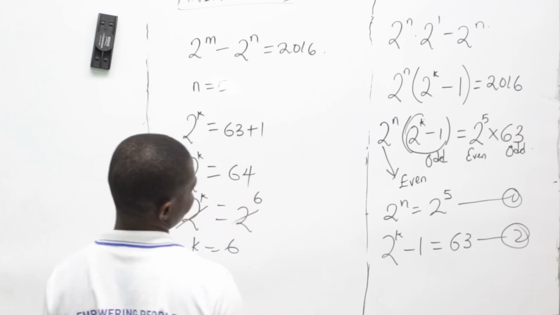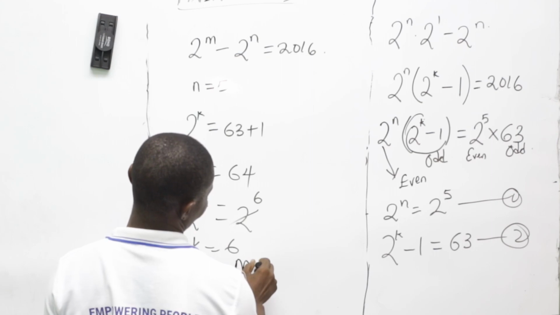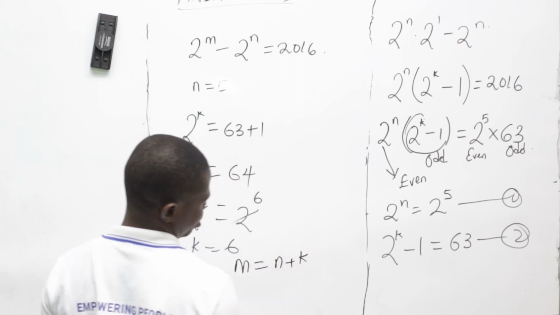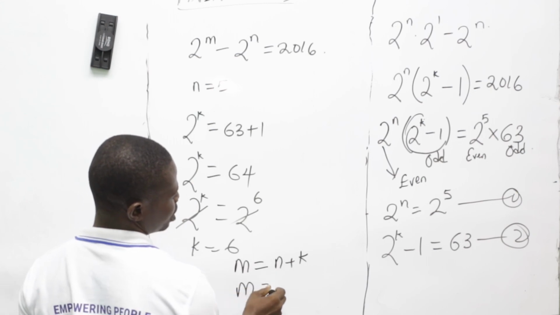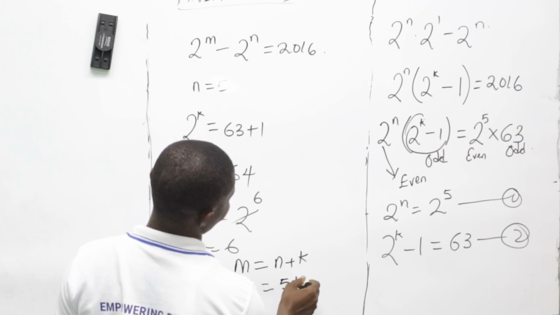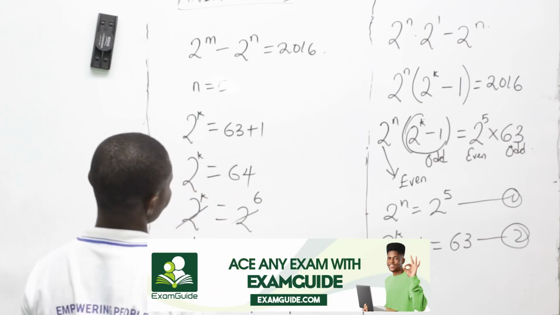Now solve for m. Recall that m equals n plus k. So that m equals what? n. What is our n? 5 plus k, 6. m equals what? 11.